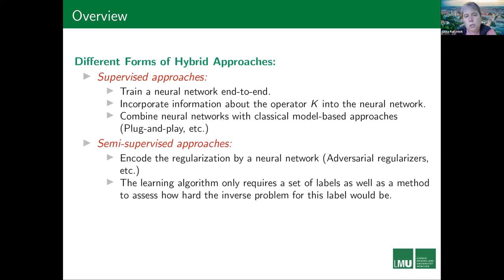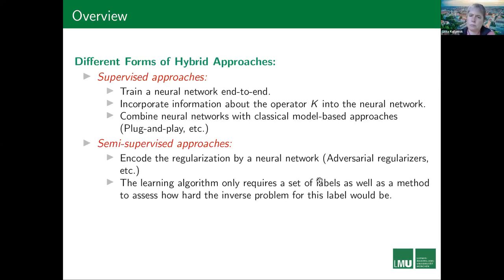Then there are approaches which I might call semi-supervised. For instance, we saw approaches where the regularization term should encode prior knowledge, where the regularization term is chosen as a neural network. Then the neural network doesn't need to learn the full problem.